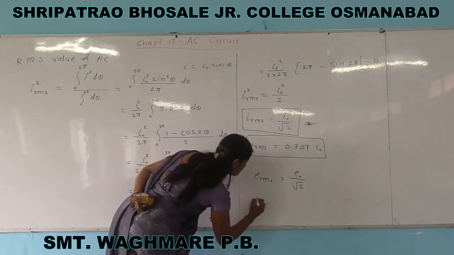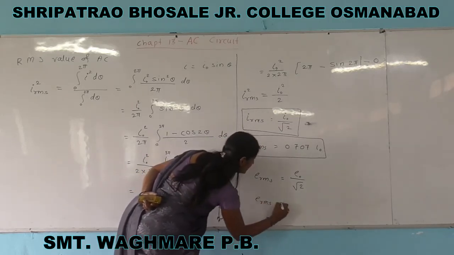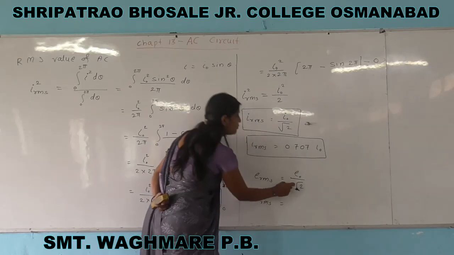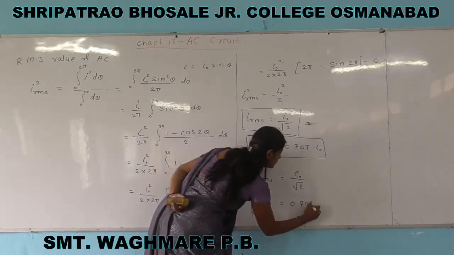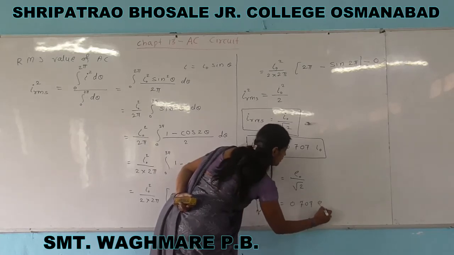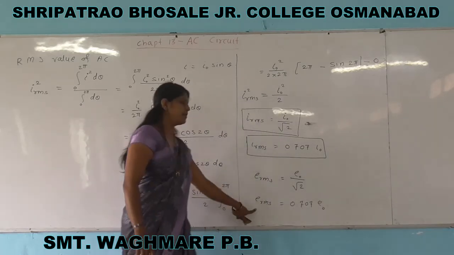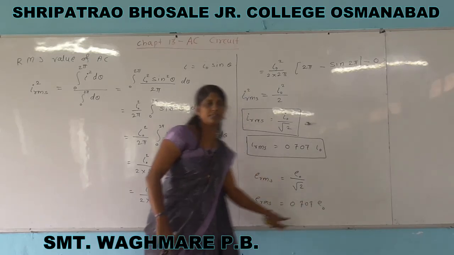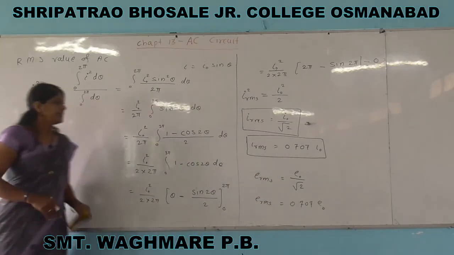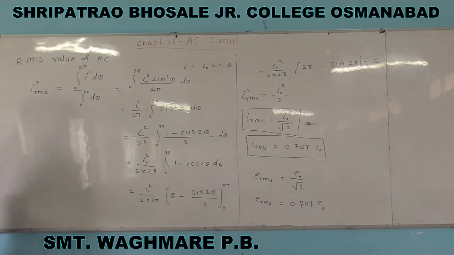This value can be written as 0.707 E naught. That is, E RMS is equal to 0.707 times the peak value of E. These are the equations of E RMS and I RMS.